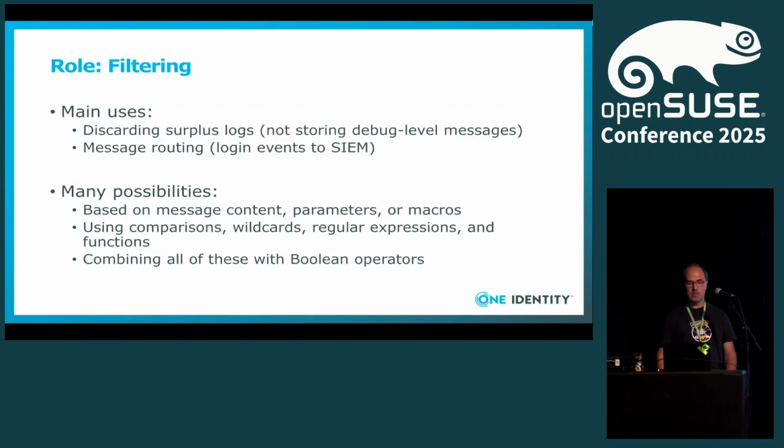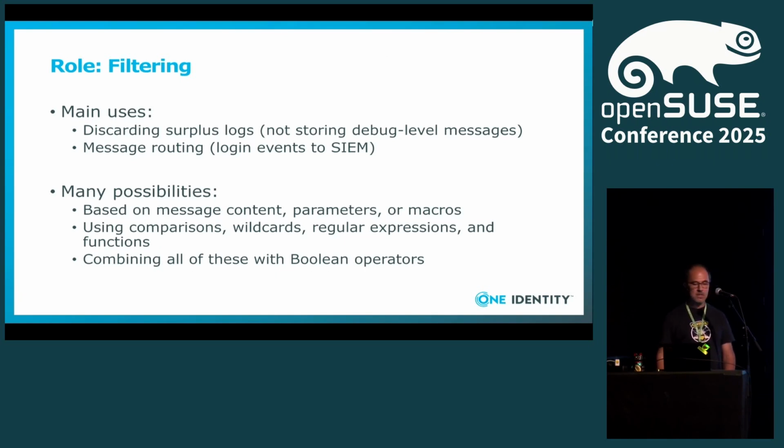The next role is filtering. I already mentioned a bit of this. Most people just think about discarding the surplus log messages, as you do not want to store debug level messages unless you really need it for some debugging sessions. But the more important, at least in my view, is message routing, making sure that your log messages reach the right destination.